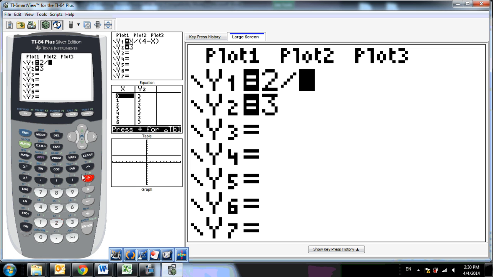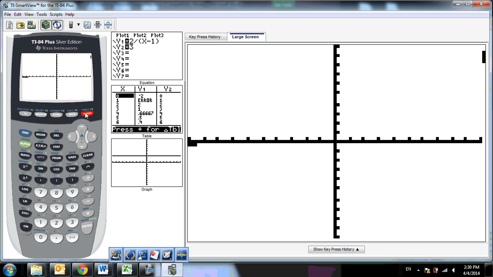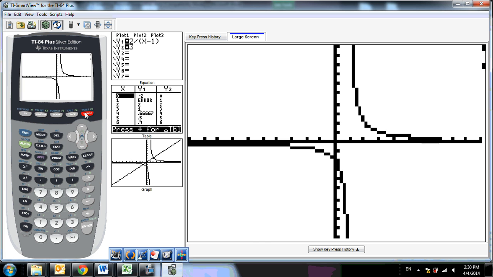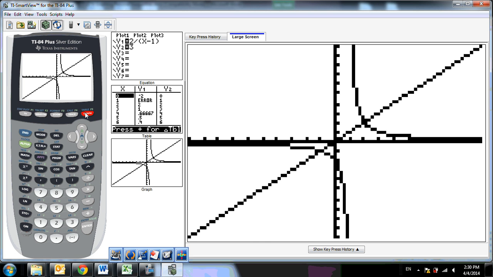So I'm going to have 2 divided by, don't forget your parentheses, x minus 1. And in y2, I'm going to have x. Okay, will you please find your two intersection points? Second Calc 5.